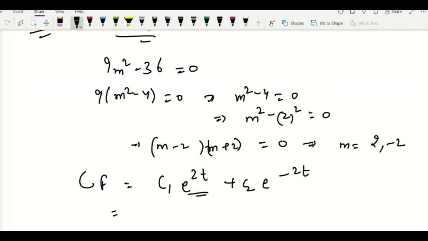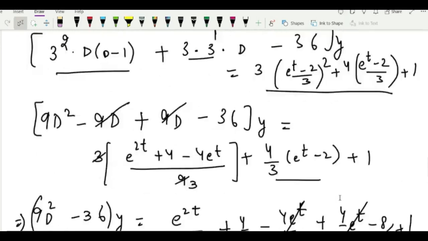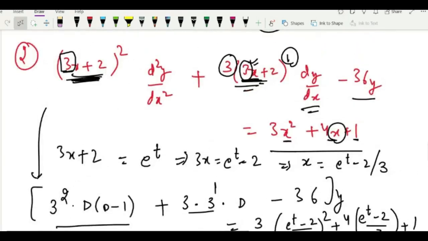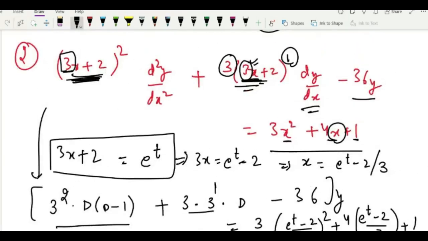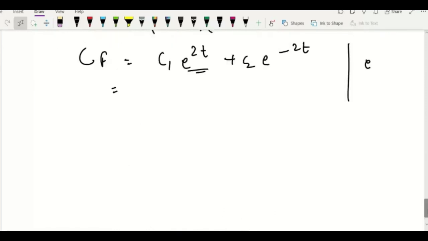So here e raised to power 2t, again we have the substitution. But here the substitution is different. Here we didn't put e raised to power t as x. Here we have the substitution 3x plus 2 is equal to e raised to power t. So by this substitution, our equation will convert as, e raised to power t is equal to 3x plus 2.